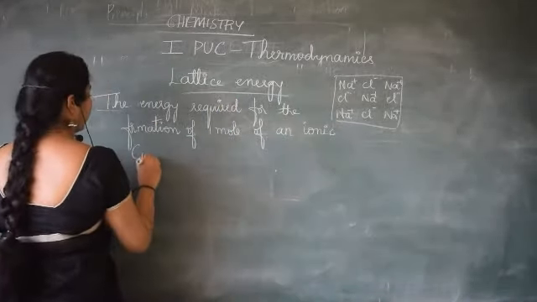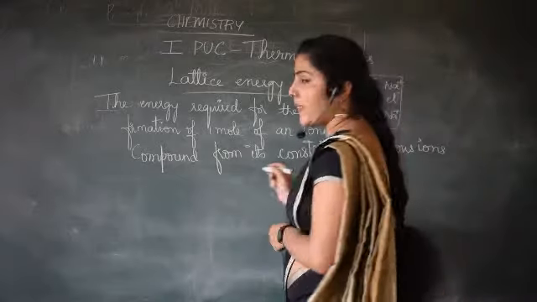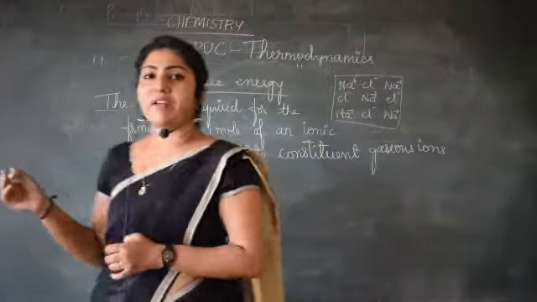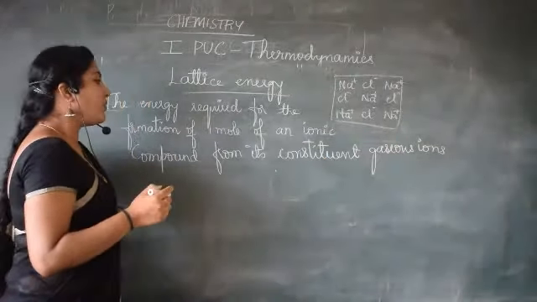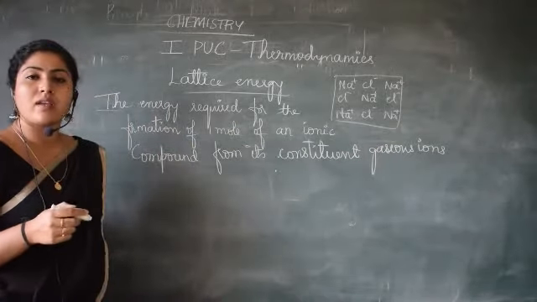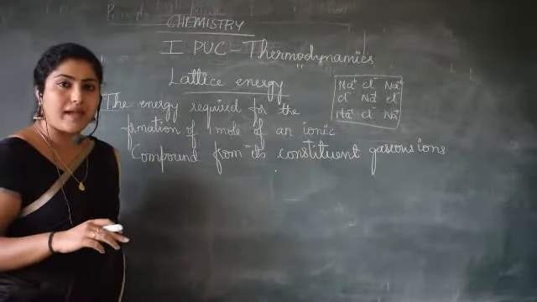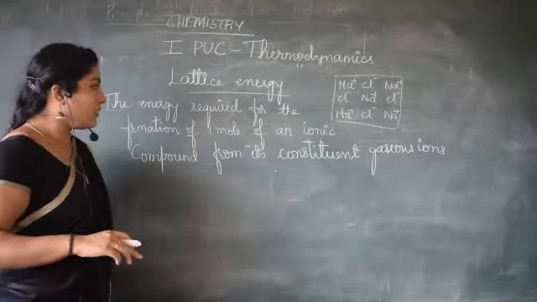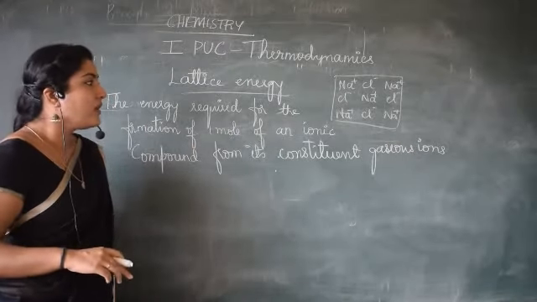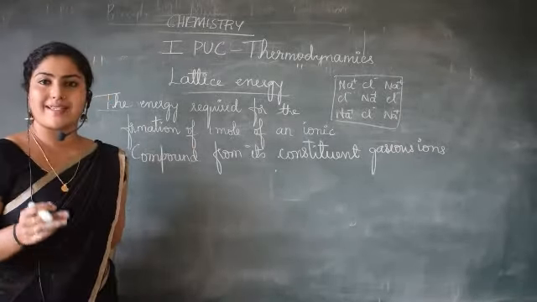For the formation of ionic solid, you need gaseous ions. So those gaseous ions have to combine to form this 1 mole of ionic compound. So that energy is called its lattice energy.